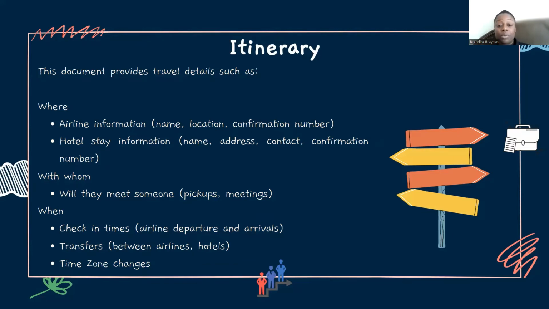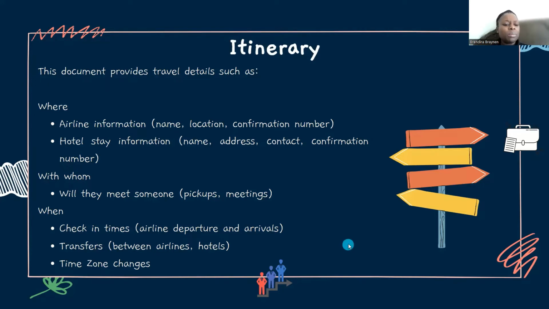We need to know maybe where your hotel stay is going to be, the name of the hotel, the address, the number for the hotel, and as well as a confirmation number. Oftentimes, when you book these things online, you get some type of confirmation number that lets you know this is your reservation. So confirmation number, reservation number, oftentimes a series of letters and numbers together that the hotel uses to pull up your information quickly, to pull up your reservation quickly.